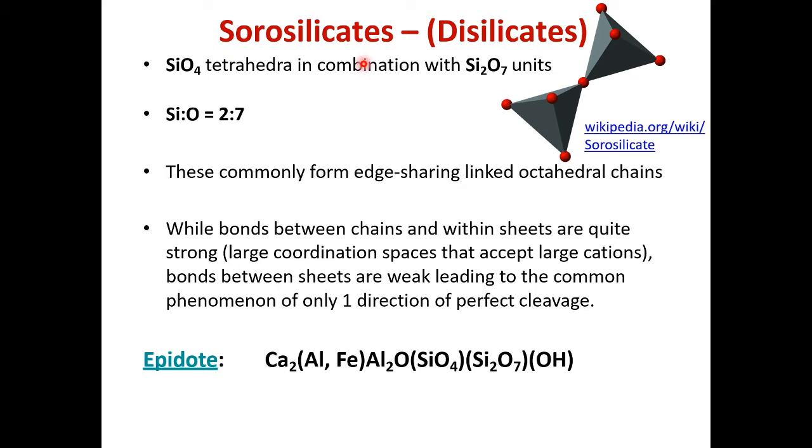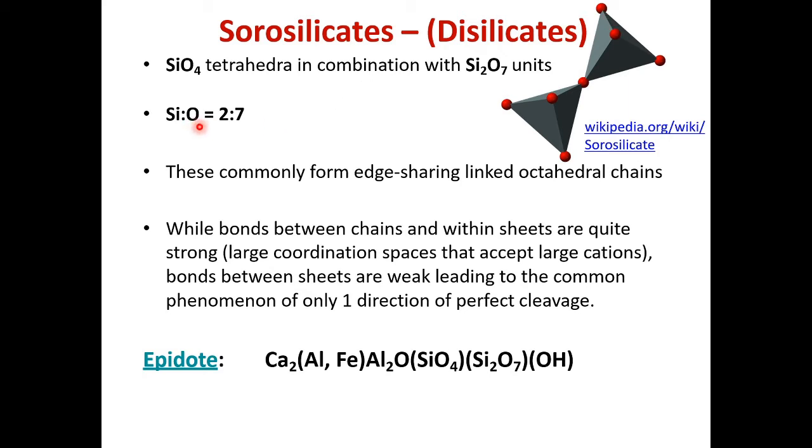So the next category is sorosilicates, which are also known as disilicates, because there are two tetrahedra joined together through one oxygen, right? This is one, this is the second, and these are joined by sharing one oxygen. The silicon to oxygen ratio would be 2:7, because two silicons are there, one within this tetrahedron and one within this tetrahedron, and the number of oxygens is 1, 2, 3, 4, 5, 6, 7.